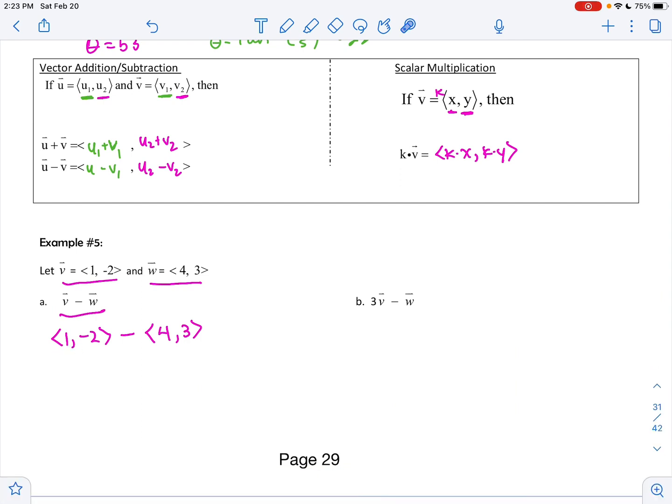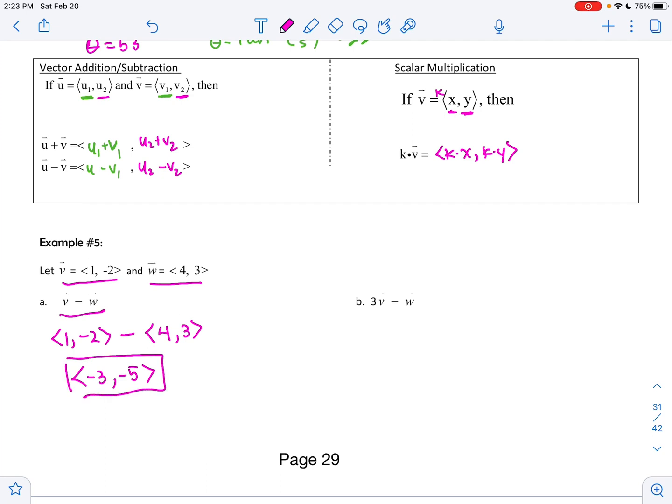So 1 minus negative 4 is negative 3. Negative 2 minus 3 is negative 5. And so the new vector, the resultant vector, will have a component form of negative 3 comma negative 5.